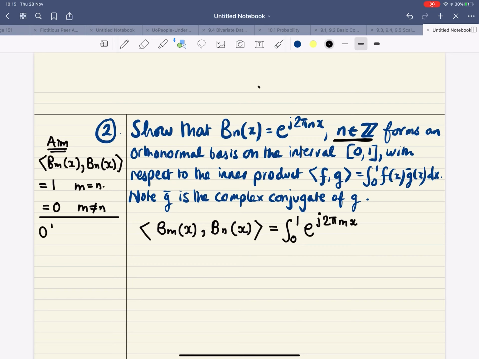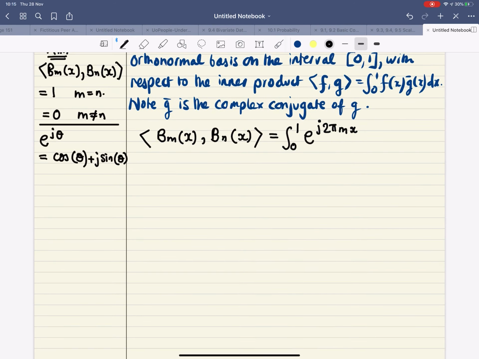If you remember, e to the j theta is cos theta plus j sine theta. That was from first year, first term complex numbers. Now this is a complex number: this part is real, this part is imaginary. So the conjugate of e to the j theta is cos theta minus j sine theta.